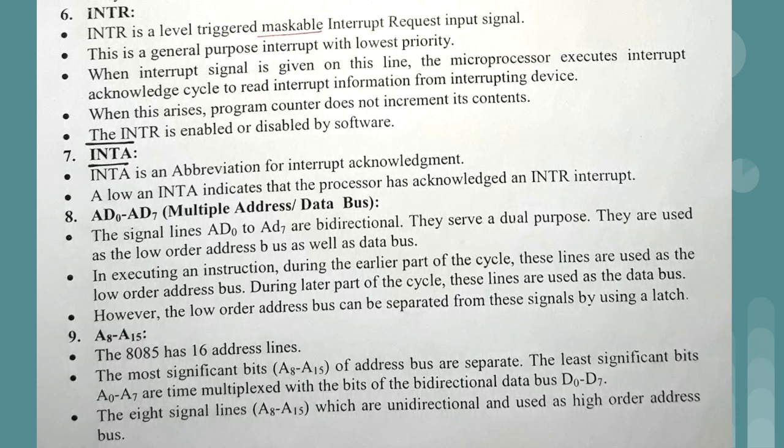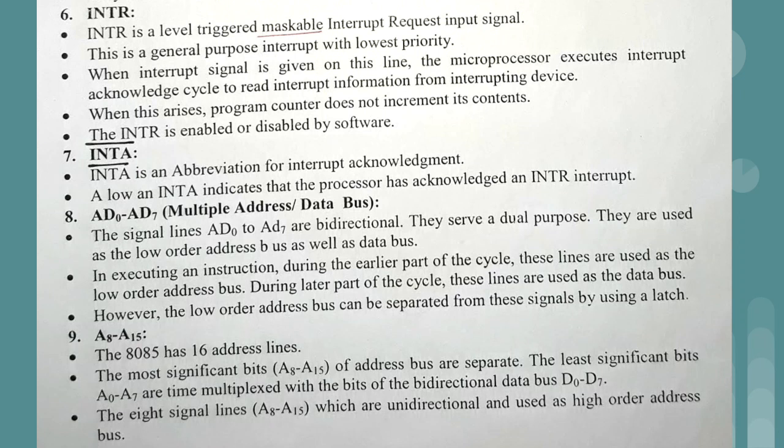The signal lines AD0 to AD7 are bidirectional. They serve a dual purpose. They are used as a low order address bus as well as a data bus. The same thing which I have explained to you. In executing an instruction, during the earlier part of the cycle these lines are used as a lower order address bus.